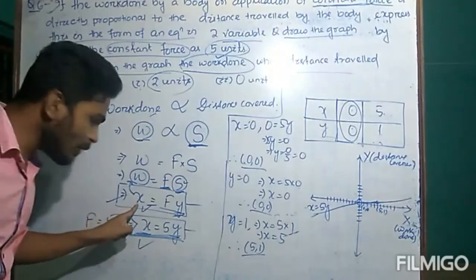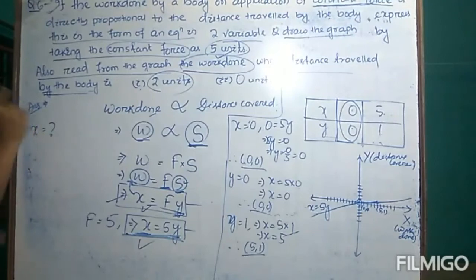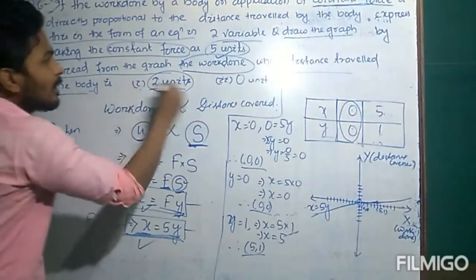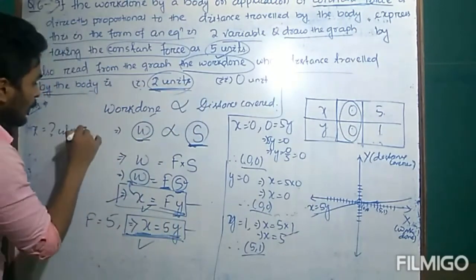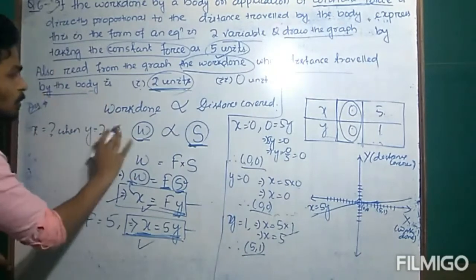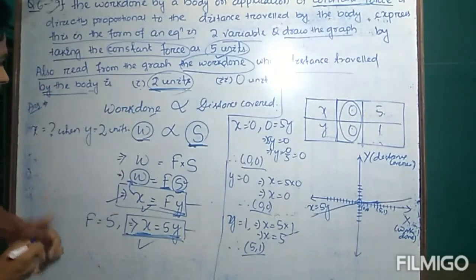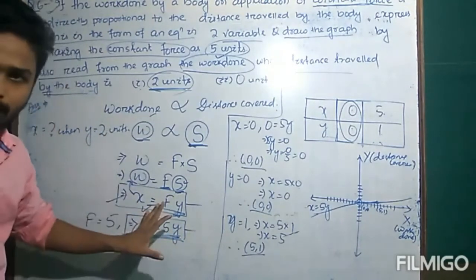Work done means you have to find out x. So instead of writing w, I have to write x. So I have to find the value of x when distance covered, which means y, is equal to 2 units. You can find the value of x by putting the value of y in the original equation.